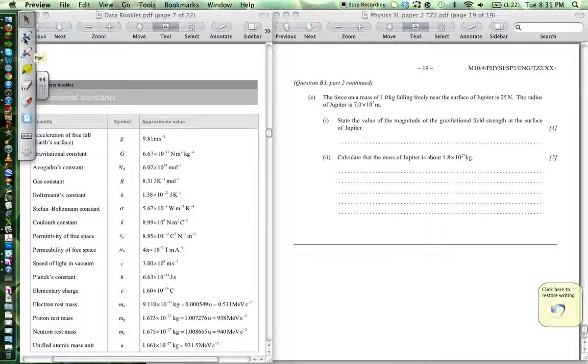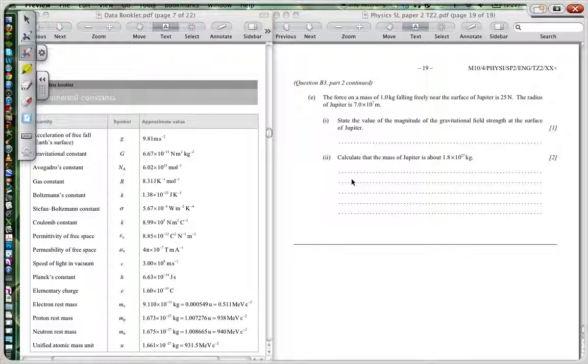So remember we've got here that g, which is our gravitational field strength, is big G times the mass of Jupiter, divided by r squared.